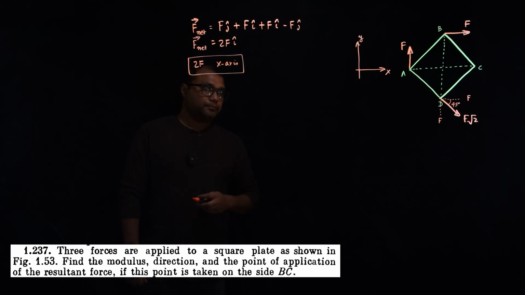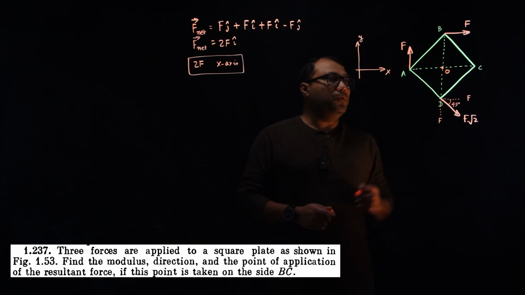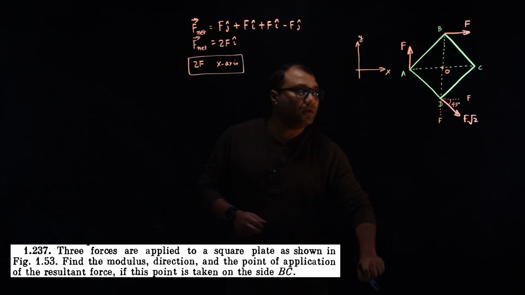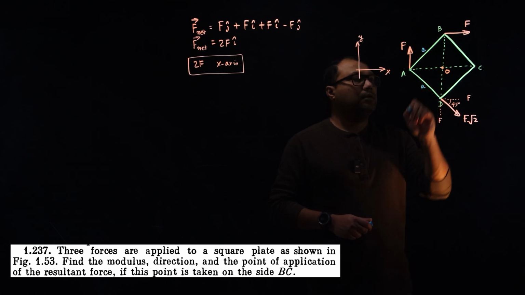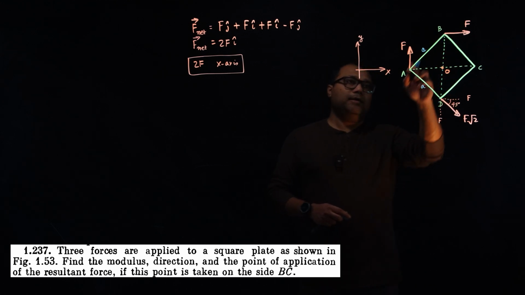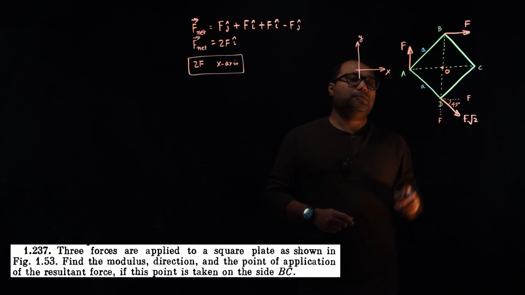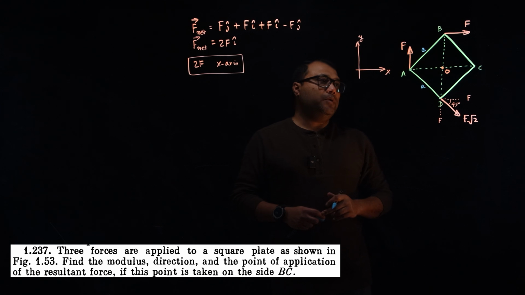Now let's suppose this point is O. If the side is a of a square, then this diagonal is square root of a square plus a square, 2a square, so it will be root 2 a.